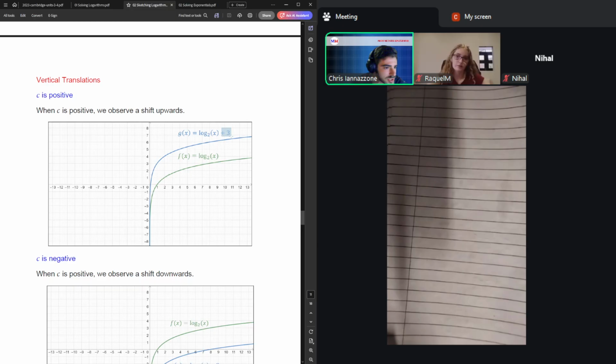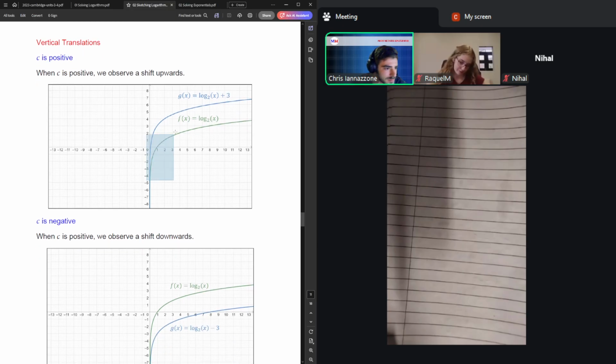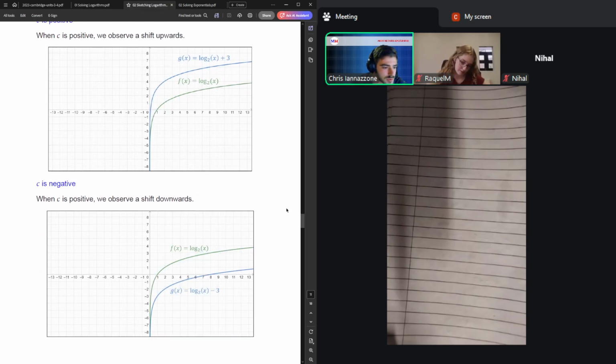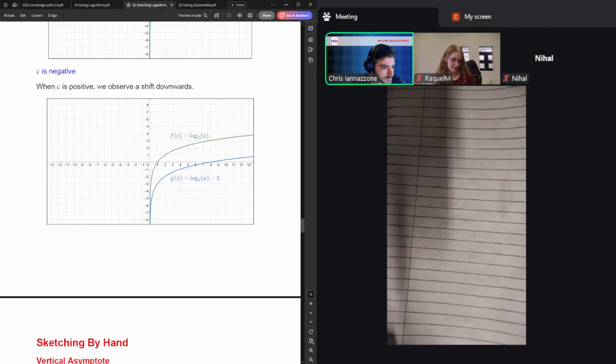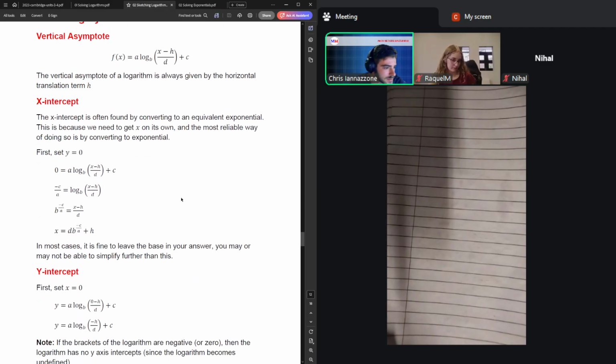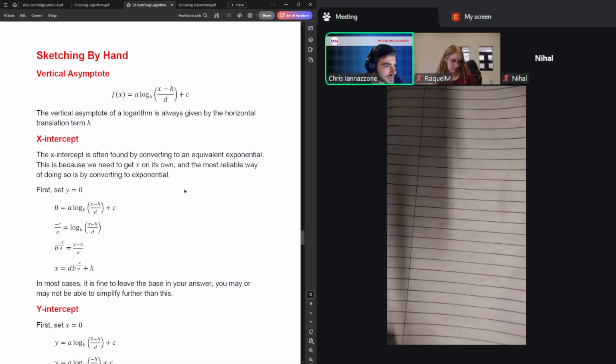And vertical translations do next to nothing for the logarithm. Yes, it obviously does something, but as far as your drawing of the graph, it doesn't really influence anything beyond the actual math that comes out for your axes, intercepts, and such. So solving them is basically identical to solving the exponentials. You want to have your asymptote, which in this case is given by the horizontal translation rather than the vertical.